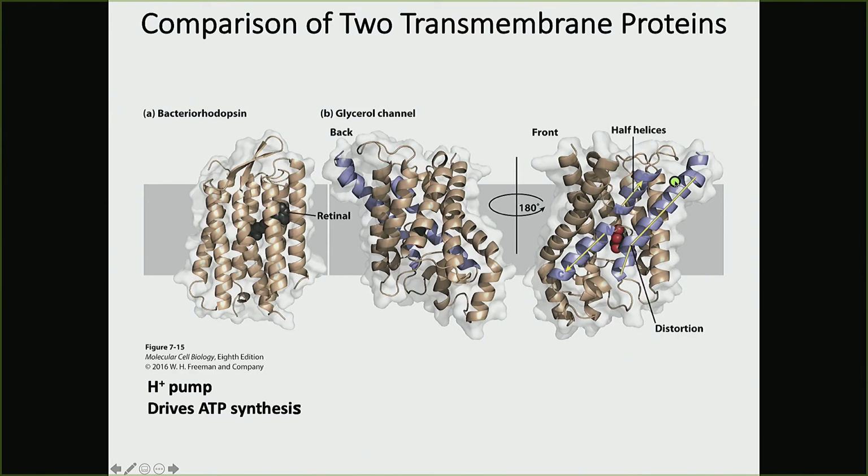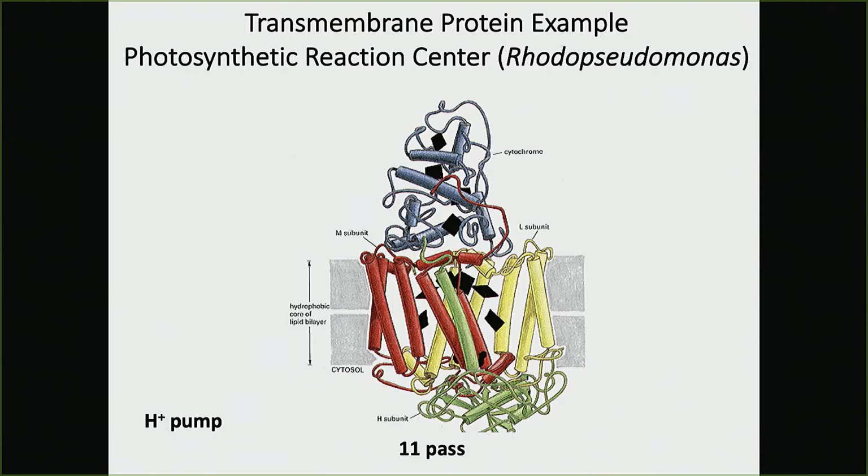On the other hand, you can see here it goes kind of straight, and then you have a kink here as well. Overall, these alpha helices are kind of straight, whereas these are in an oblique shape. So I'm just trying to give you an idea that they come in all shapes and sizes. That's the take-home message. You do not have to remember which helices are straight and which are bent. You do not need that. Just have an idea.